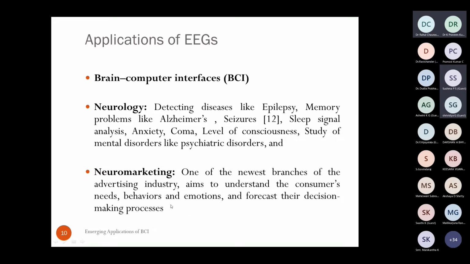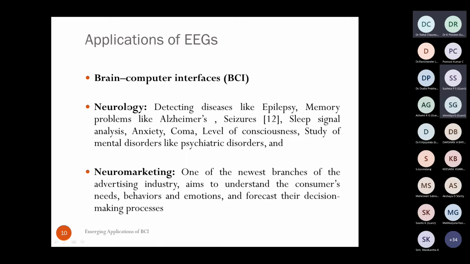So they record your response, whether you are happy to see those products or not, whether you have anxiety or not, or you are just being dull seeing those products. So they are doing marketing based on your neural response. That is called neuromarketing. They try to understand your behavior and emotions based on the products they show you. So it's a product recommendation system based on your neurological response. This is also a new research area for advertisement companies.